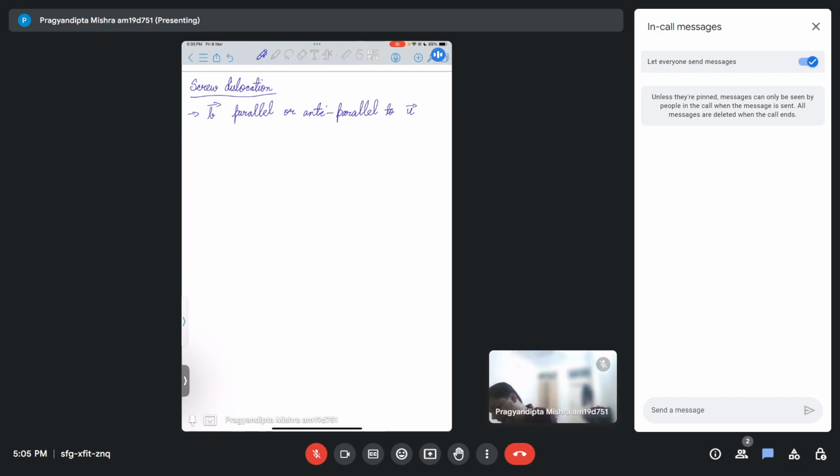So since they are parallel to each other, there is no unique plane which is being defined by B cross U, right? Why do you say that there is no unique plane being defined by B cross U?